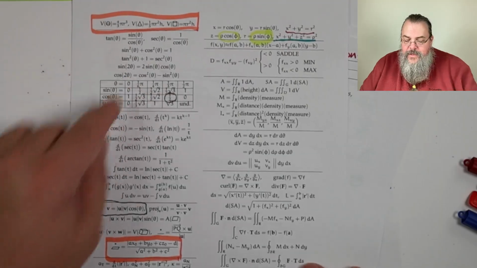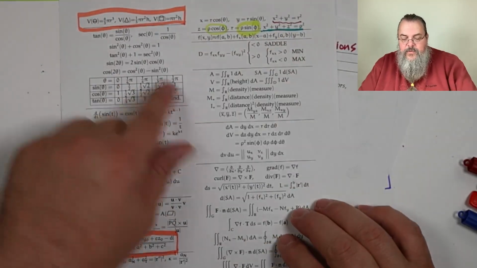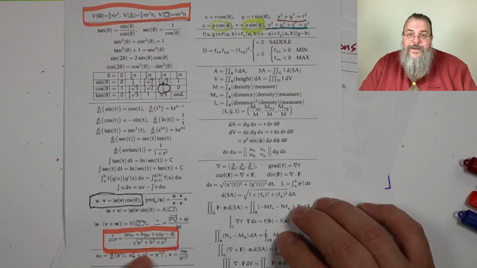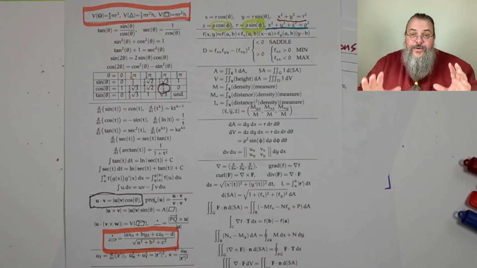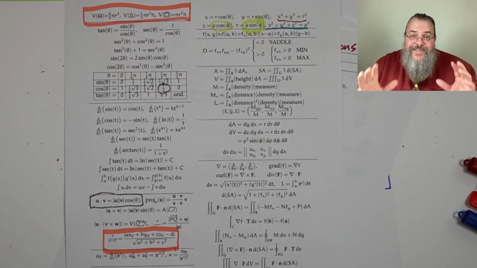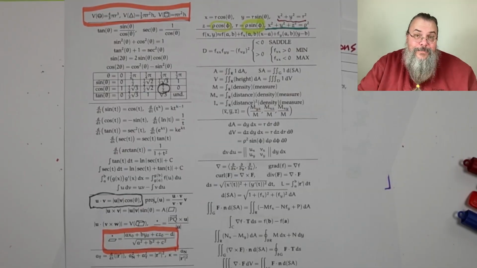There's volume stuff. There's converting between different coordinate systems, some trig stuff, and very useful stuff down here. Know your tools. Use them well. You can succeed. I believe in you. Thank you for joining me, and I hope to see you again.